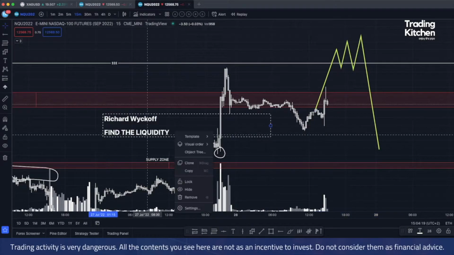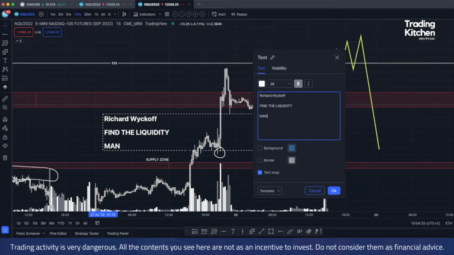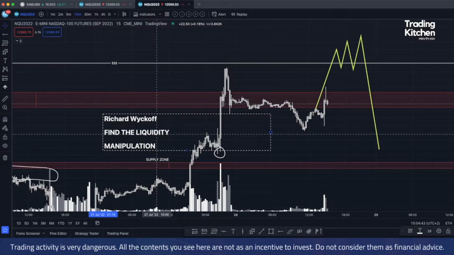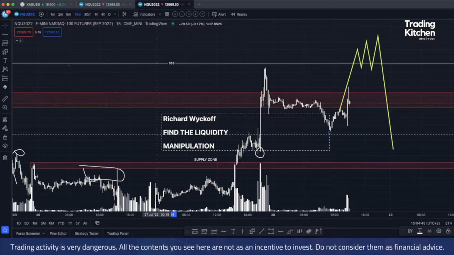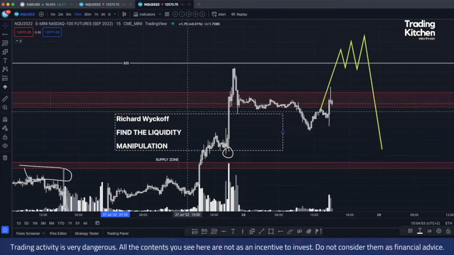Third point, probably the most important one, and basically it is the same as what I told you about liquidity. And the first point is manipulation. Institutions work every day by manipulation.